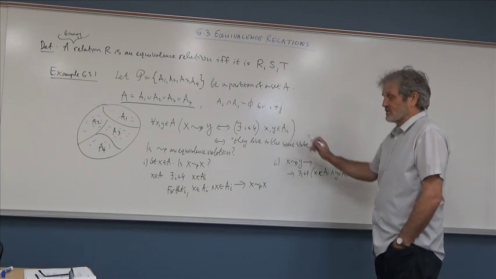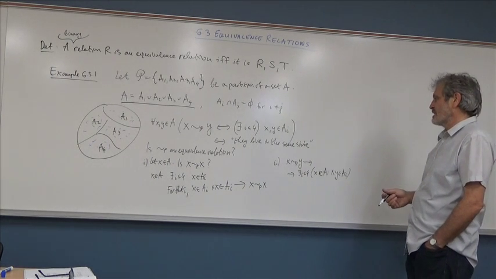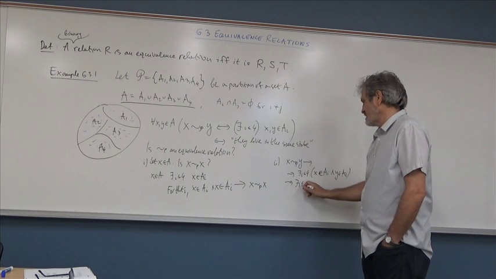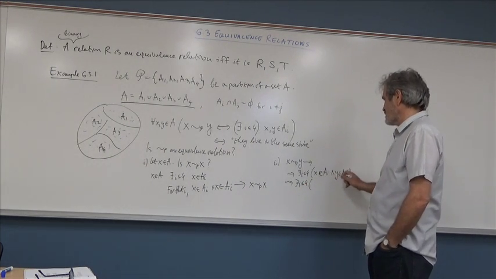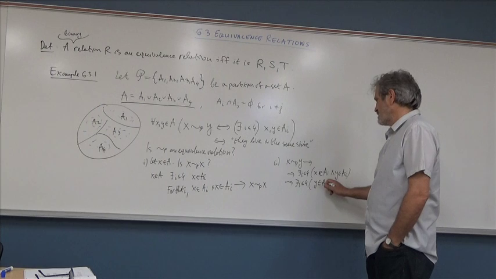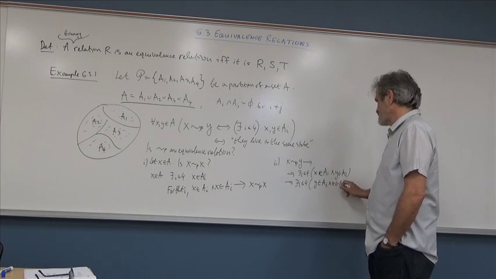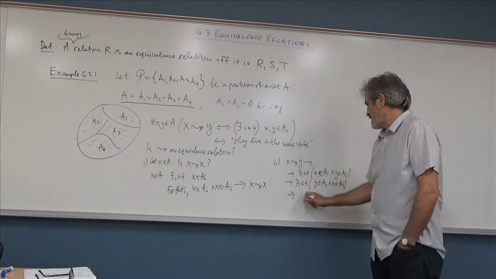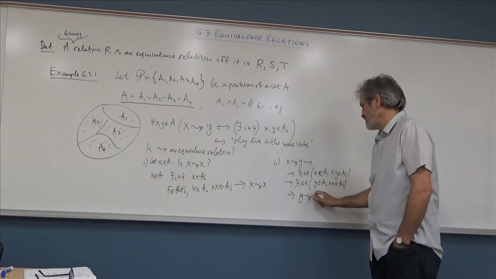That's what this colon actually means, a less formal writing. And then, because of commutativity, there exists i less than or equal to 4 such that y belongs to Ai and x belongs to Ai. This is just the commutative property of conjunction, which implies that y tilde_P x.